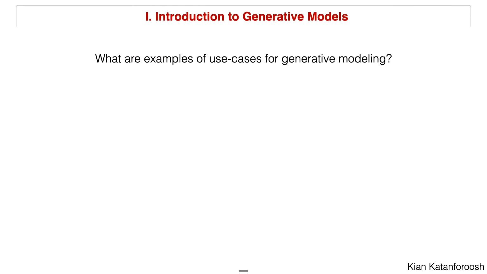So give me some examples of use cases for generative modeling. Easy question. What do we have? Yeah. Image generation, video generation. Try to be precise. What are narrow tasks that you think in the industry are important generative tasks? Text to images, yeah, good.